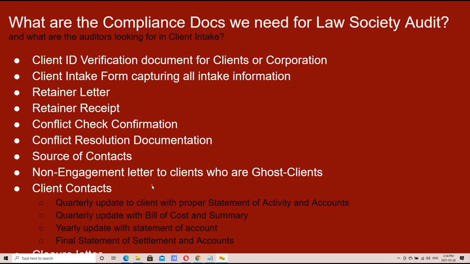And some recommendations made by the Law Society include quarterly updates to clients with a statement of activities, which really outlines what's happened in the last 3 months from a financial standpoint, money coming in, money leaving, the work put in by the firm.